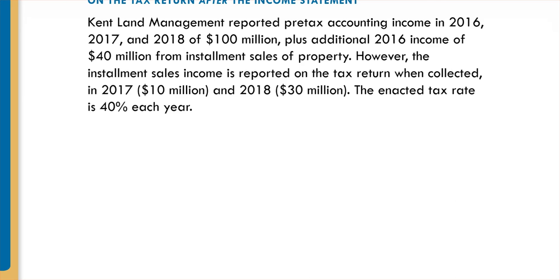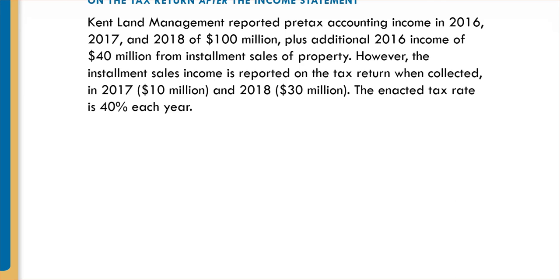However, they are not going to get that revenue all together today because it's going to be recorded as a receivable that's going to go off their books in future periods. When the receivable gets collected, that's when the cash comes in. That's where it shows up on the tax return.